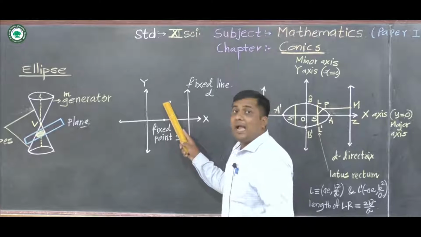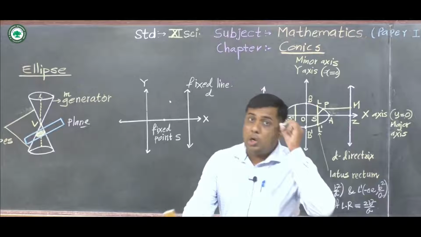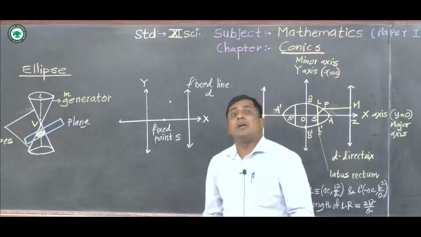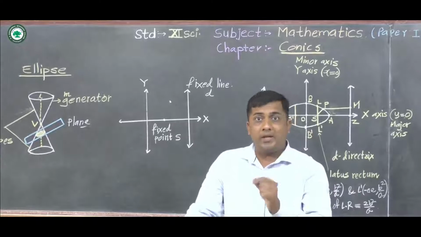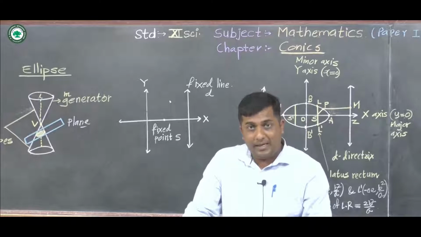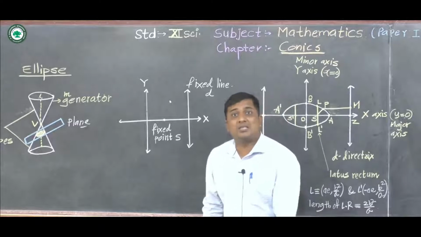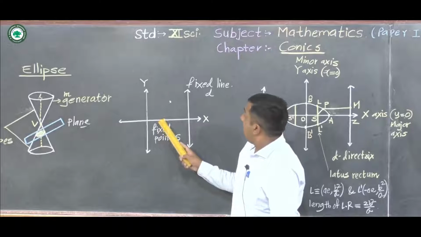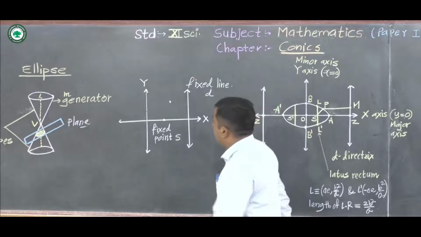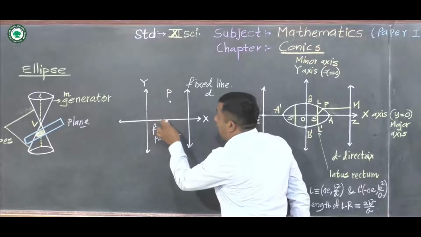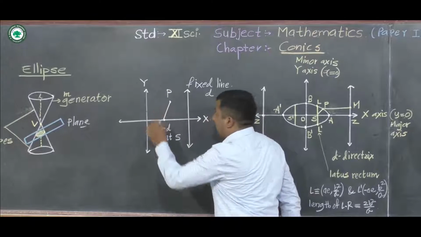Remember, for the ellipse we consider the set of all points, or the collection of points, that are related to the fixed point and the directrix. We join the fixed point S and P like this.